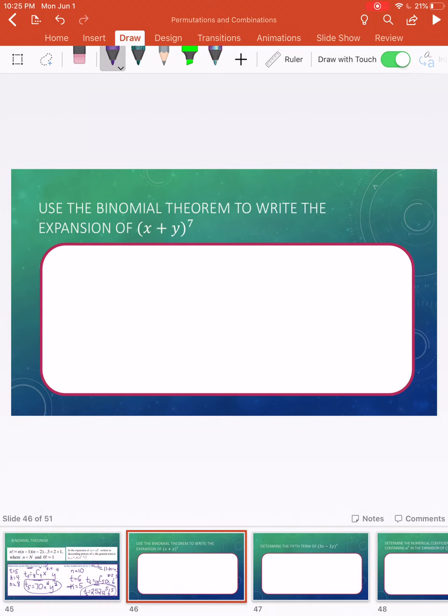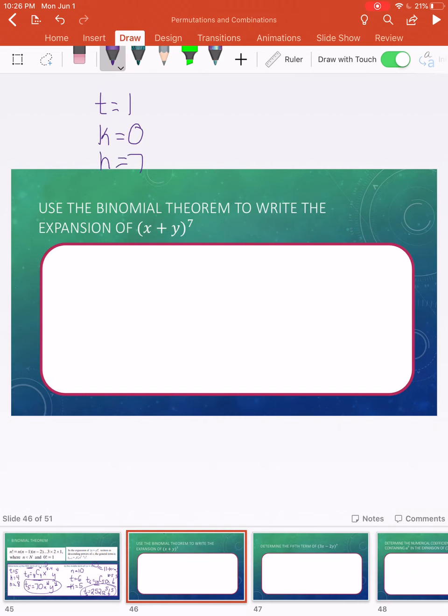Use the binomial theorem to write the expansion. Now we're actually going to write the whole expansion here. When you start, I always suggest writing that legend again, at least for your first few terms. Let's start with term 1. That means my k value would be 1 less, which is 0. And my n value would never change, it'd be 7.